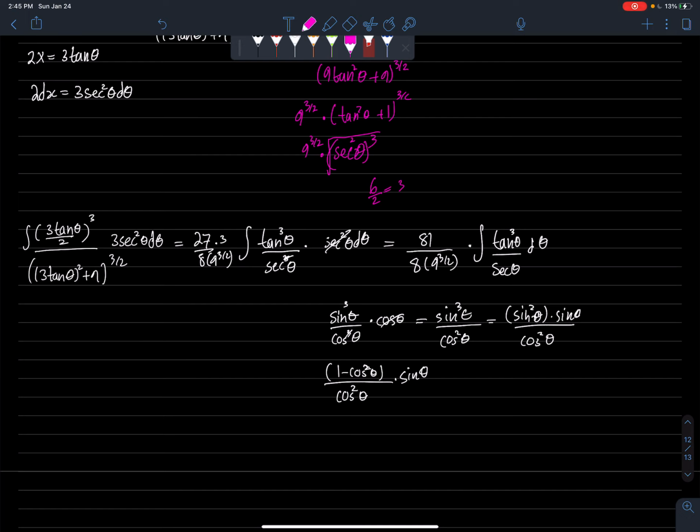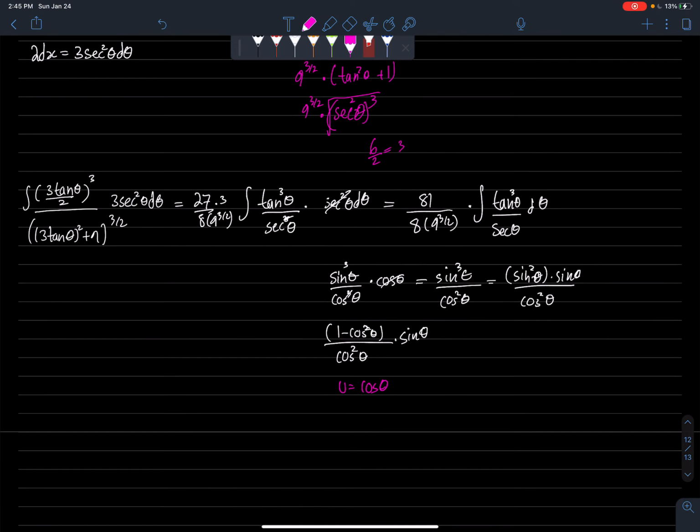So if we make u equal to cos theta, right, du is negative sine theta d theta, right?